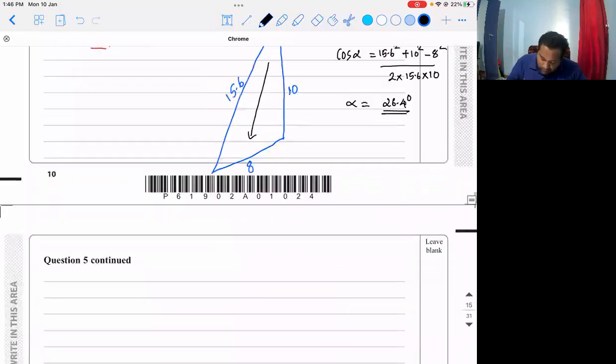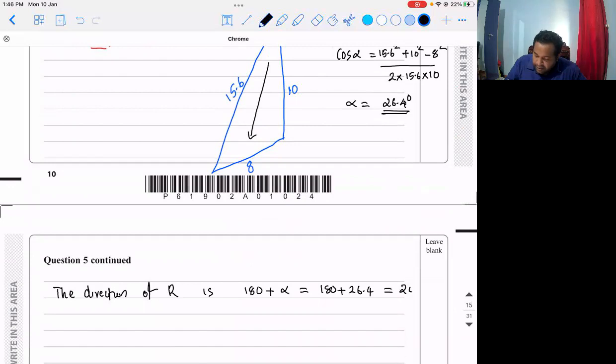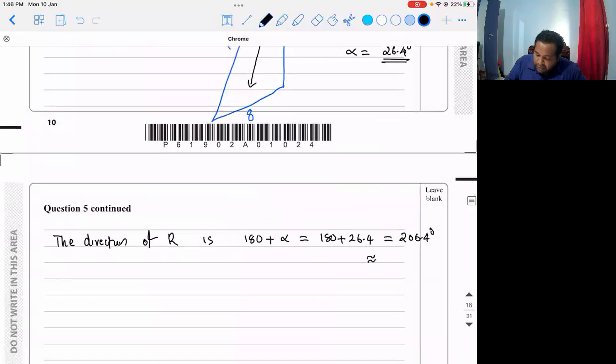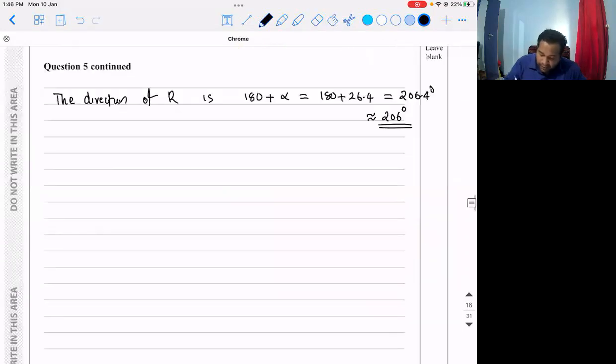Therefore, the direction of R is 180 plus alpha. So that is 180 plus 26.4, and that is going to be 206.4 degree. And if you are rounding to three significant figures, I would say 206 degree.